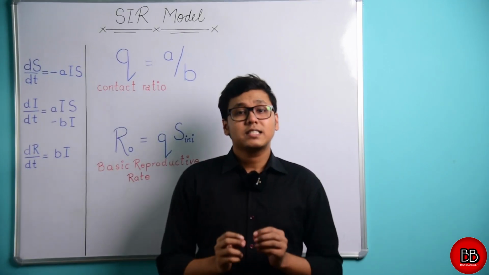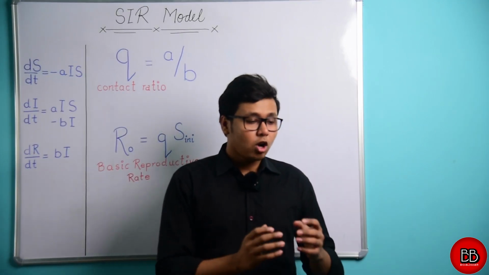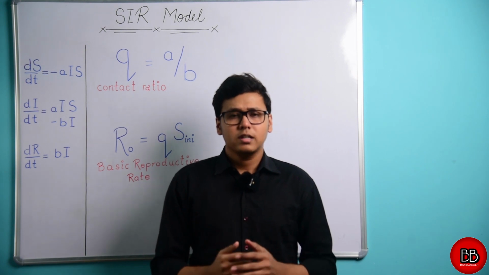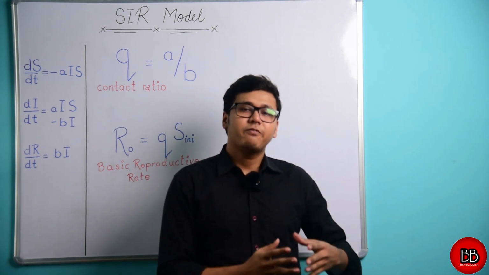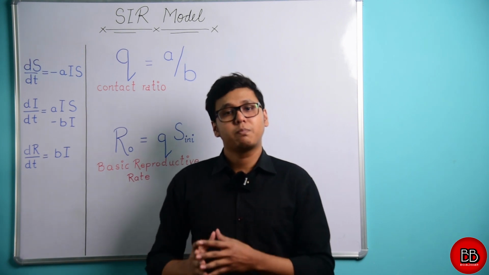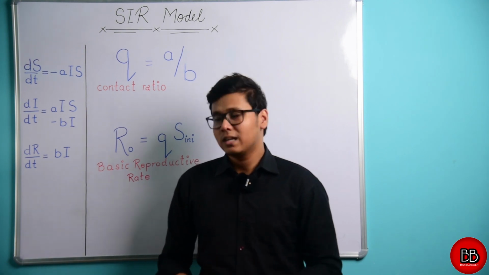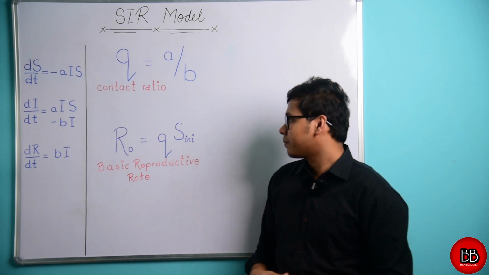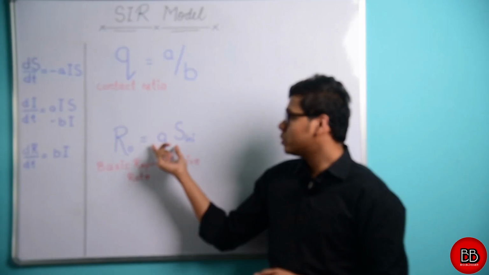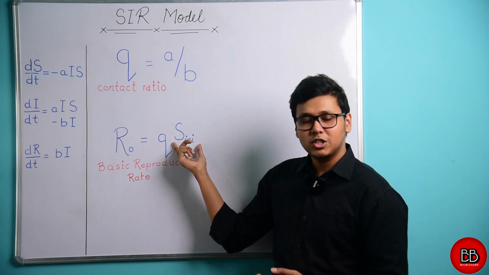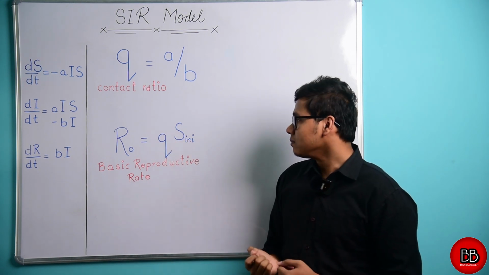It represents the secondary infections from an already infected person, or in other words, how many individuals can get infected from a diseased person. Getting my point? I hope this is making some sense. R naught is calculated by Q times the initial number of susceptibles.